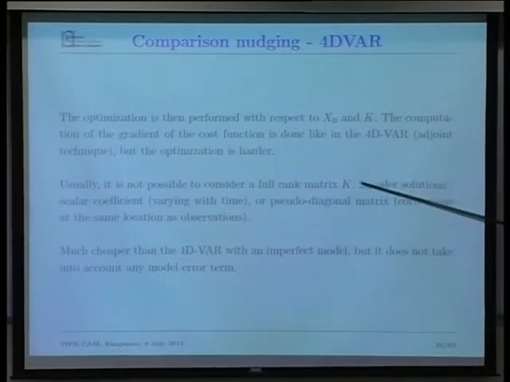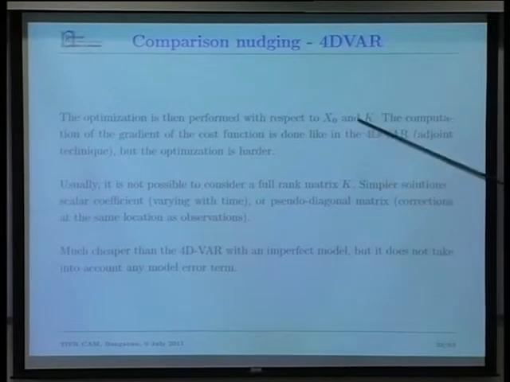And it could be very difficult to optimize J if you consider all matrices K, typically a full rank matrix. K is a rectangular matrix, so on one side you have the number of grid points, which could be 1 billion for instance, and on the other side you have the number of observations, which is a few millions.